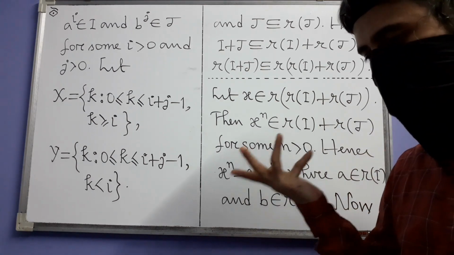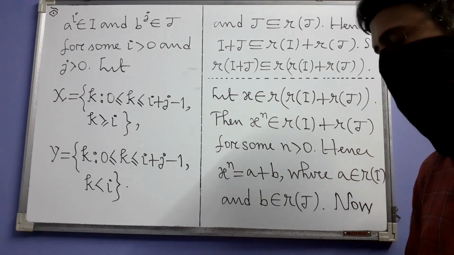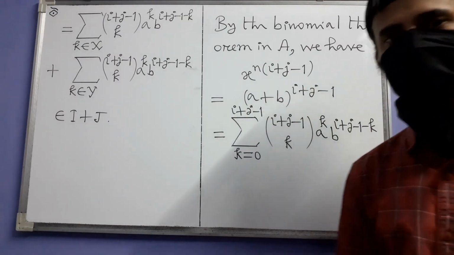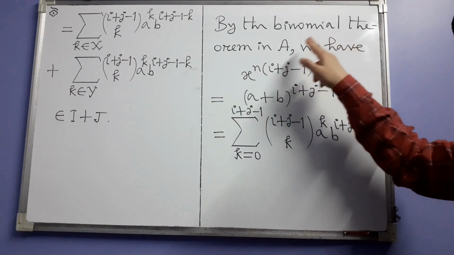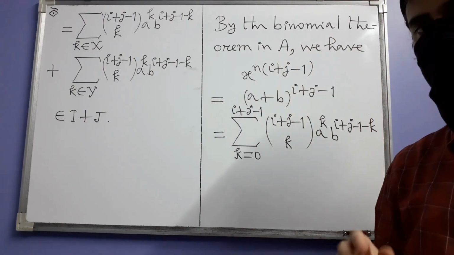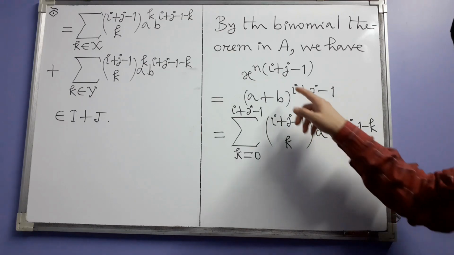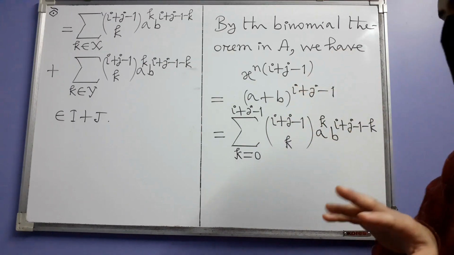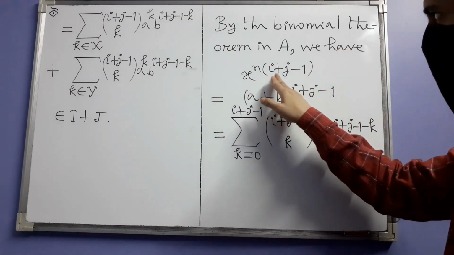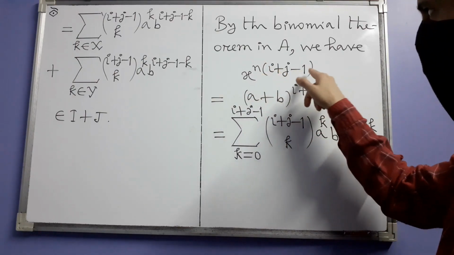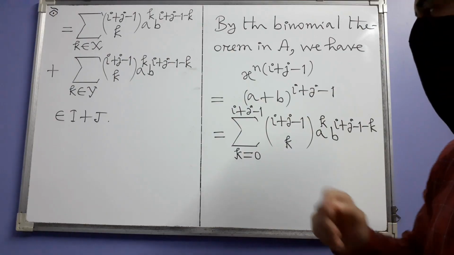Now what are we going to do with these two sets? Let's see. Next we apply the binomial theorem in the ring A, which exists because A is a commutative ring. And what do we do with this theorem? We consider this power of x to the power n times i plus j minus 1.